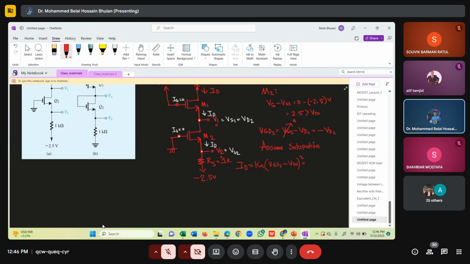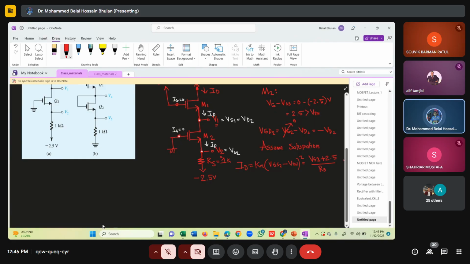We are going to have two variables, ID and VS2. I have to find another equation with the same two variables, and in that case, it should be VS2 minus (minus 2.5) divided by RS, which is equal to 1.